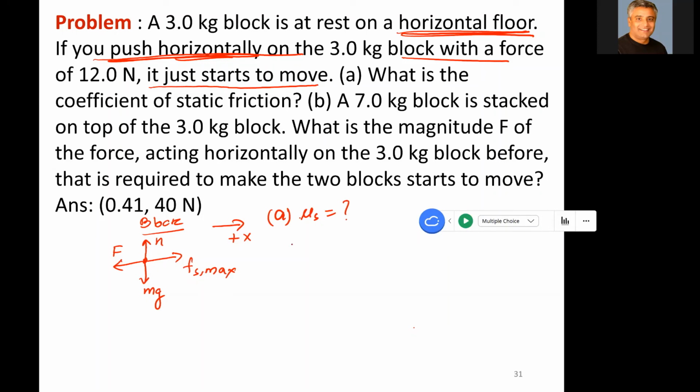But we know mu s and Fs max depends on the normal force like this, right? So that means mu s is going to be Fs max over normal force. Oh, hold on.